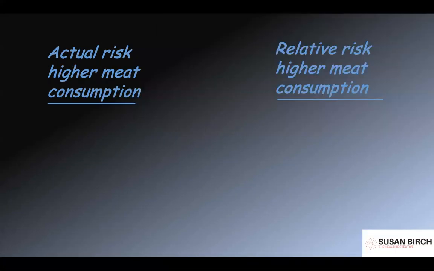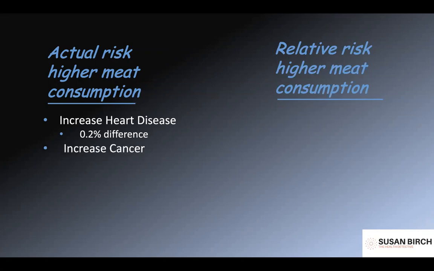So if we compare the two different ways of reporting on results, we see a huge difference in impact. The actual increase in heart disease, if we use the actual risk, is a 0.2% difference, and for cancer is a 0.3% difference.